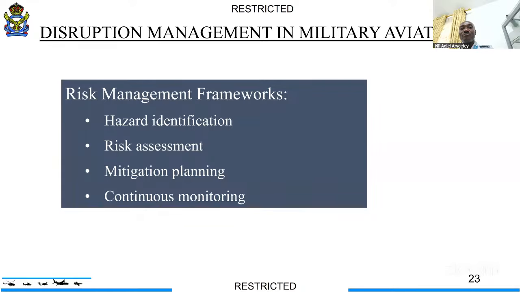Because every job in the military, every flying duty has an inherent risk, but it ought to be managed before we can execute the task. After that, we do mitigation. The level of mitigation present determines whether we should continue with the task. Then finally, we do continuous monitoring. Next, please.